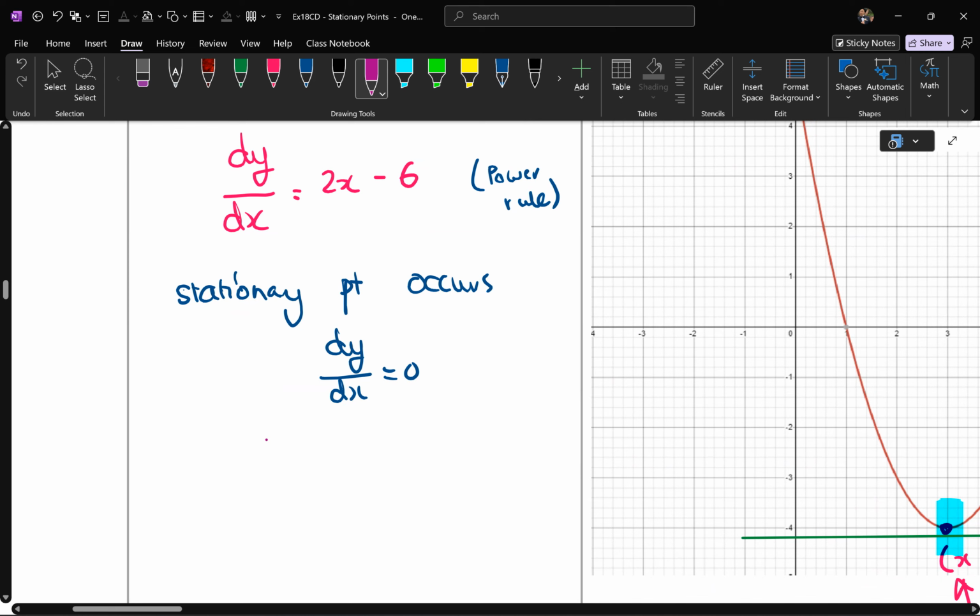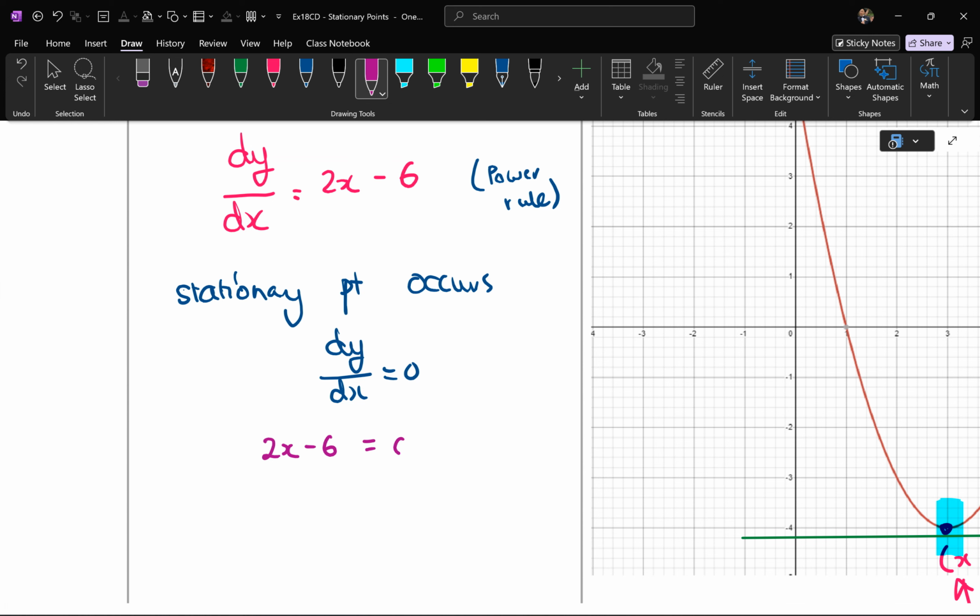That means 2x minus 6, which is your derivative, dy/dx, if it equals 0, meaning if the gradient equals 0, you're now solving for x. And what that x tells you is where the gradient should equal 0. Where will it equal 0? That's what you're solving for.